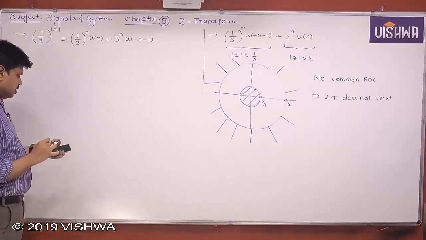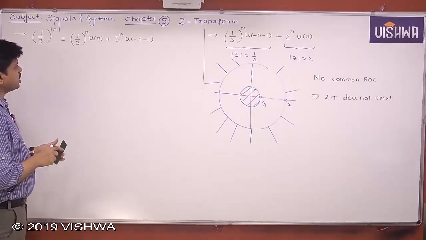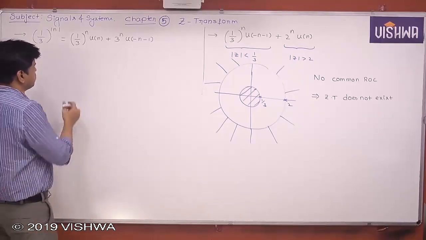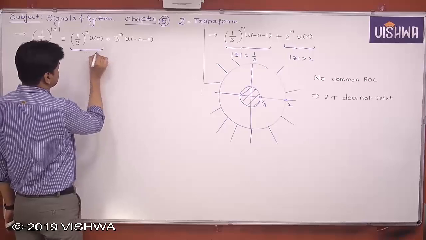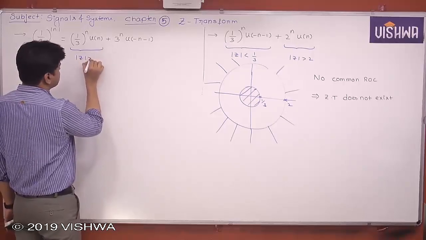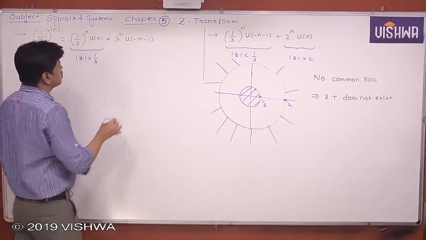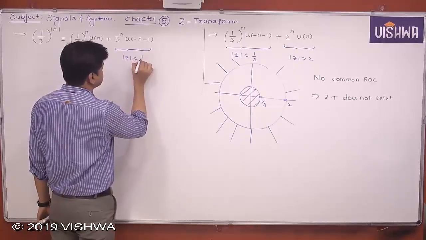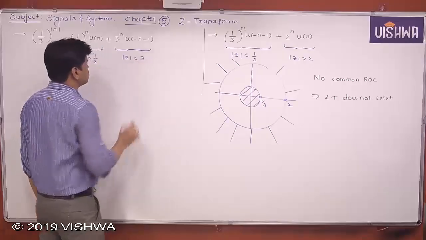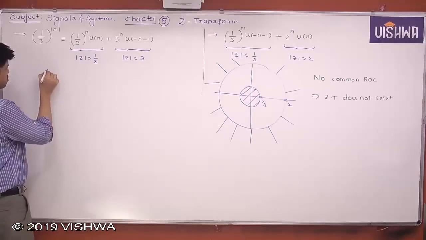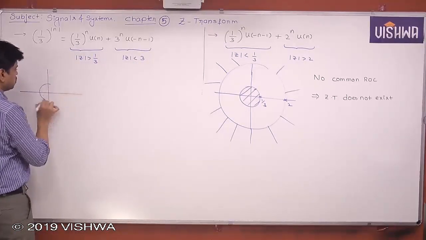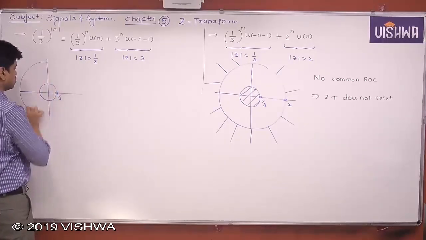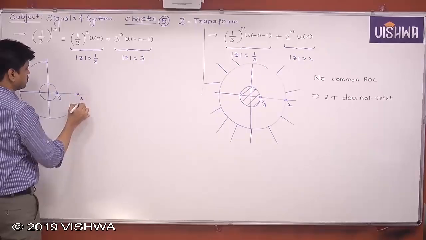Now we can apply the linearity property. To apply the linearity property, first we have to check what is the common ROC. Do we have the common ROC? Let's see. For this one, what is the ROC? Mod z greater than 1 by 3. For this, it is a left side signal, mod z less than 3. If I draw this, 1 by 3, this is 3.